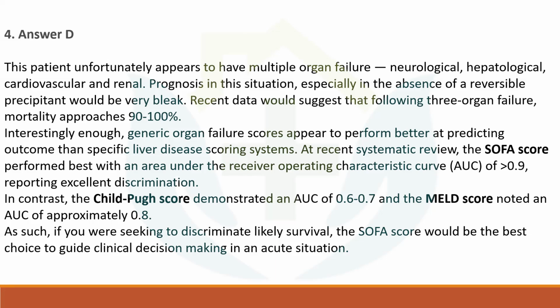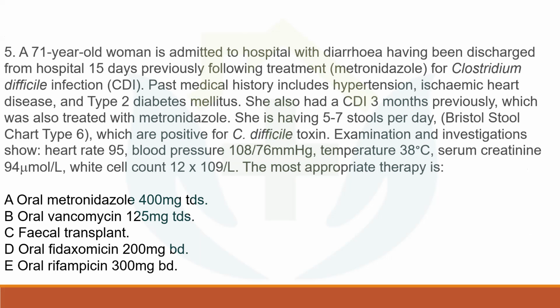Okay, let's move forward and see the next question. This is a 71-year-old woman admitted to the hospital with diarrhea, having been discharged from hospital 15 days prior following treatment with metronidazole for C. difficile. Past medical history includes hypertension, IHD, and diabetes. She also had C. difficile 3 months previously, treated with metronidazole.